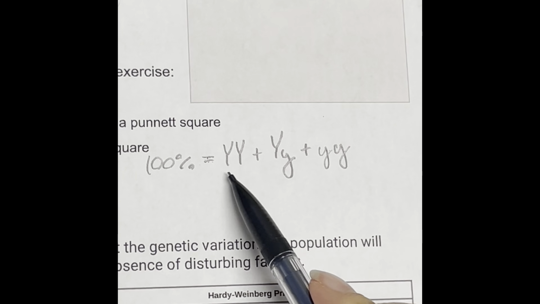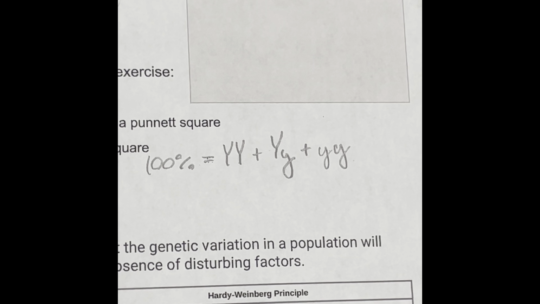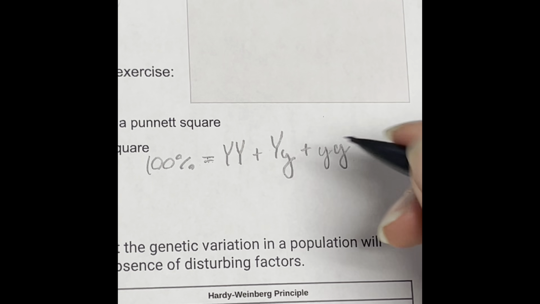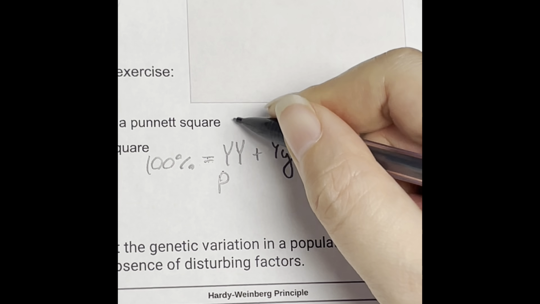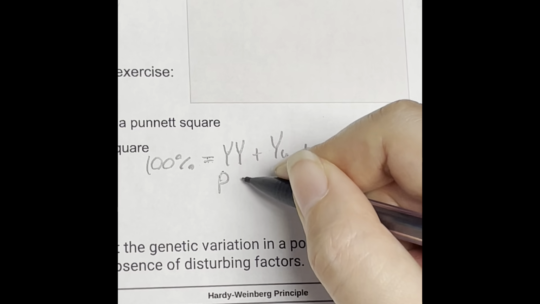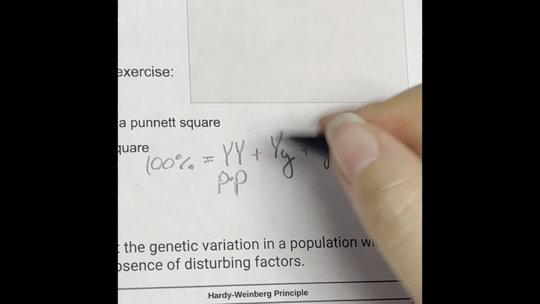Now, if I'm going to do that, I can't use these symbols because remember from last semester, we're very inconsistent. If I'm talking about yellow, I'll use a Y. If I'm talking about kangaroos, I might use a K. It's very random. So Hardy-Weinberg decided that instead of saying the dominant allele, he's going to use the letter P. And since this individual has 2 dominant alleles, they're going to get 2 P's, and we're multiplying those.